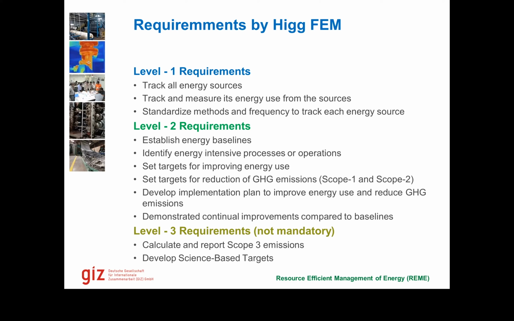And if they are not able to do this, they are also not able to set targets for improvement. And if they don't have targets for improvement, how can they have implementation plans? They might still have some implementation plans, but those plans will not be systematic enough to fulfill the needs of this FEM.